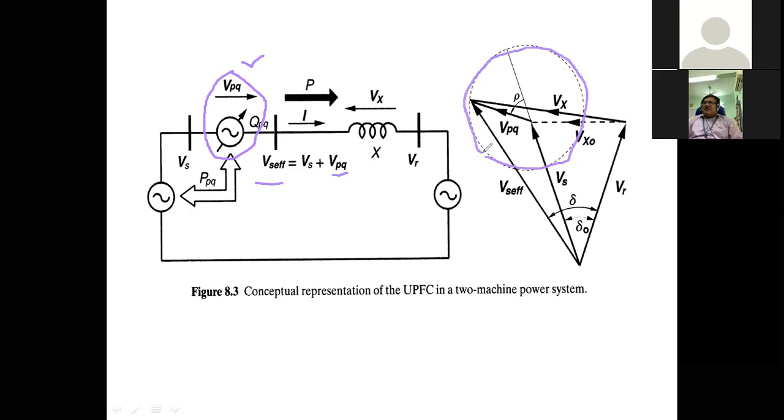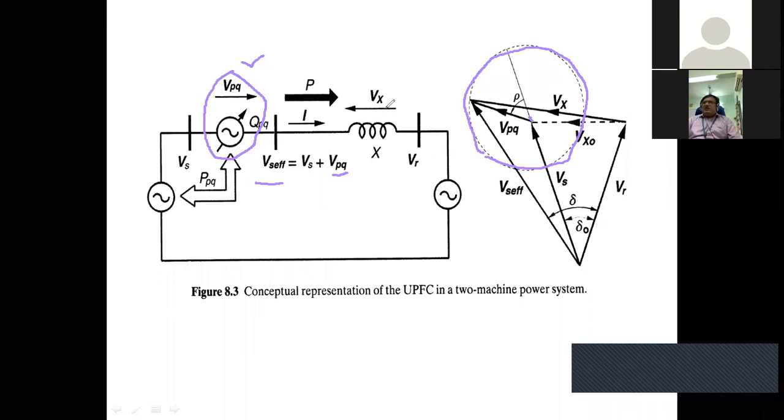Please see here, the voltage is controlled for 0 to 360 degrees, and this magnitude is also controlled. So this is about the functional diagram of UPFC.